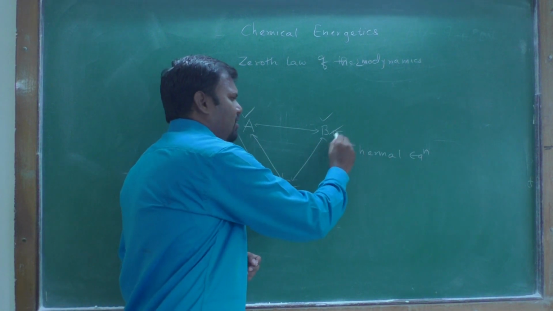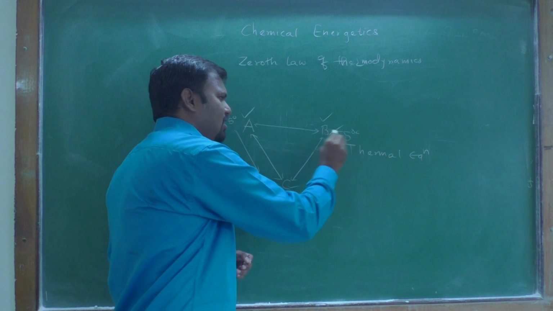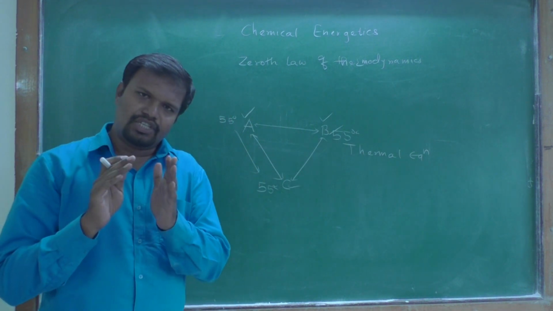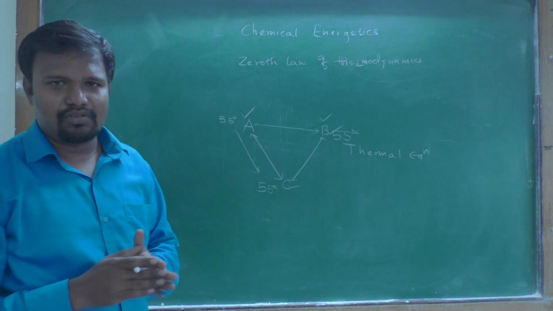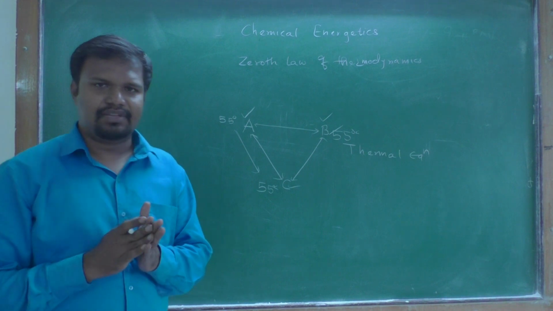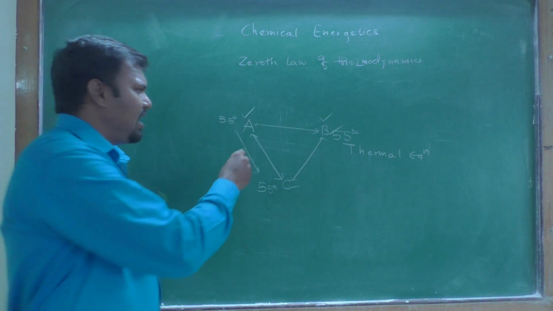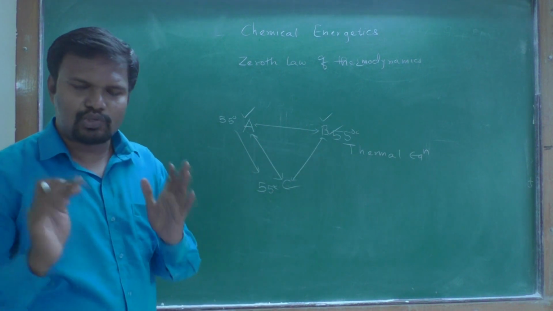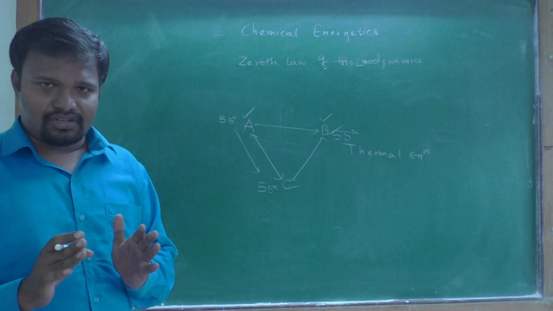Then if B is in thermal equilibrium with C, it means B is also at 55 degrees Celsius. Therefore B and C are also in thermal equilibrium, having the same temperature. Ultimately, we can say that A and B are also in thermal equilibrium with each other.